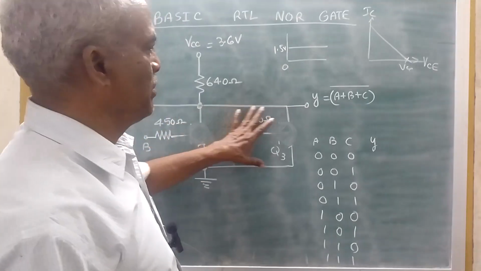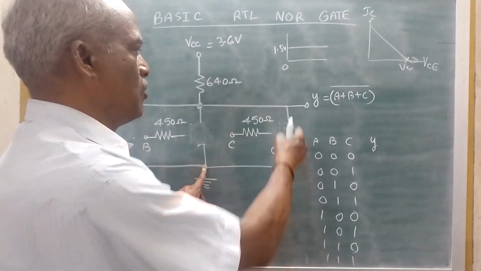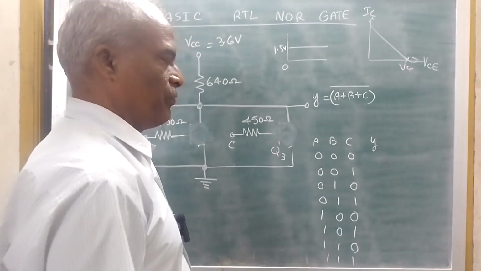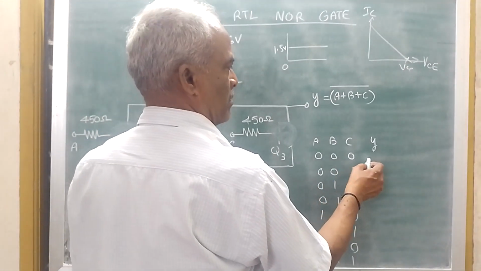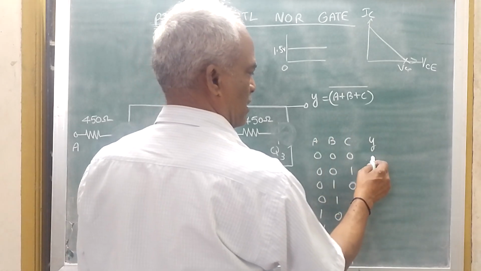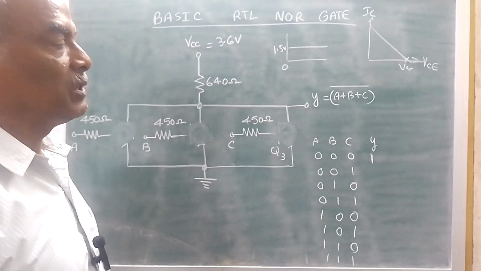So here you will be getting approximately 3.6 volts between ground and this point, output Y. Therefore, here you will be getting output as 3.6, or I can say as logic 1. Okay, this is for the case 1.